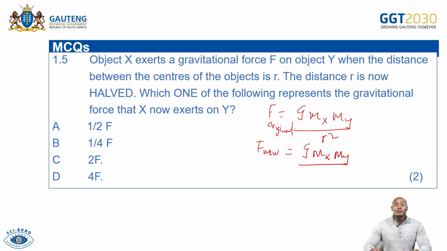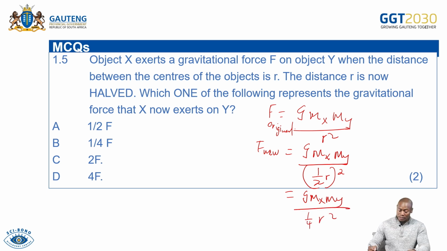So the distance before was R, but now it is half R. Then let's not forget the square, because there's a square in that equation. So this is the same as G Mx My over 1 over 2 squared, which is 1 over 4 R squared.